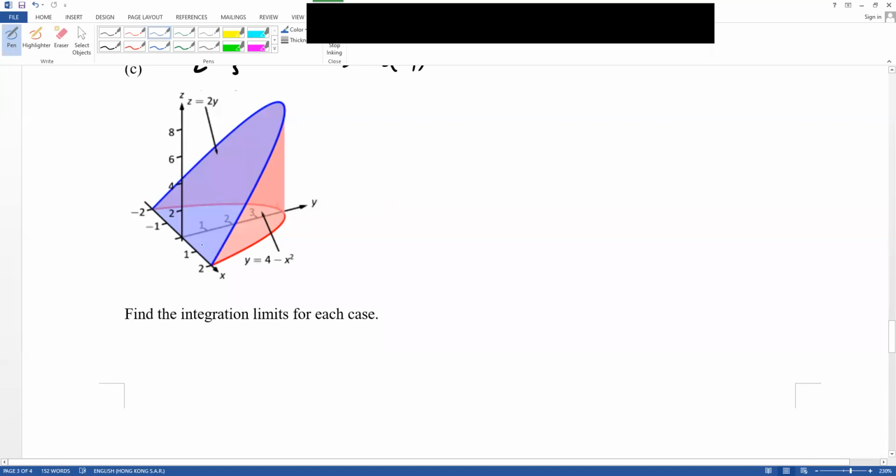I have this parabolic surface, right? And then this inclined plane, and then this XY plane. So 3 surfaces will enclose a region. So here, let's try to do dz dx dy.